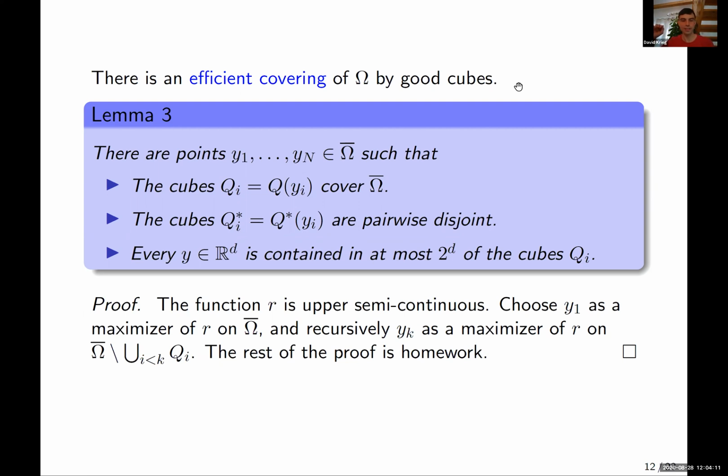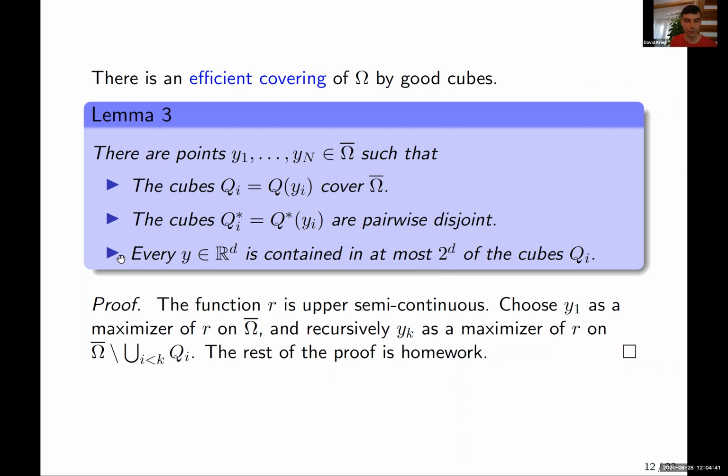So we can find a collection of centers, yi, I call them, such that the good cubes, qi, cover the domain or the closure of the domain, but they cover it in a way that every point of the domain or even every point of R^d is contained in at most a constant number of these cubes. In this case, the constant is 2 to the d.